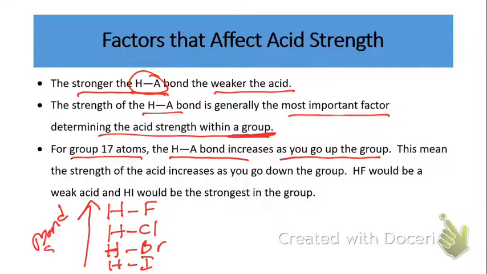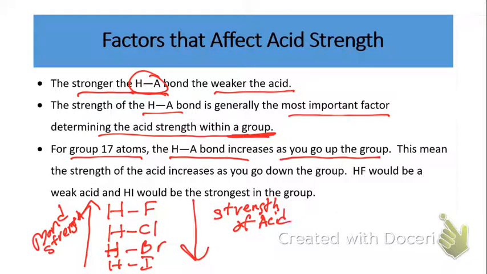So the bond strength goes up as you go up the group, but the acid strength gets stronger as you go down the group, when the bond strength gets weaker. So the strength of the acid increases as we go down the group.